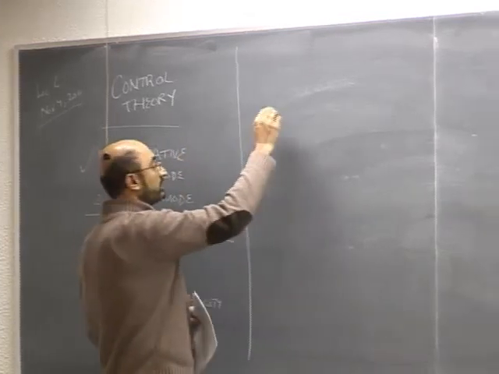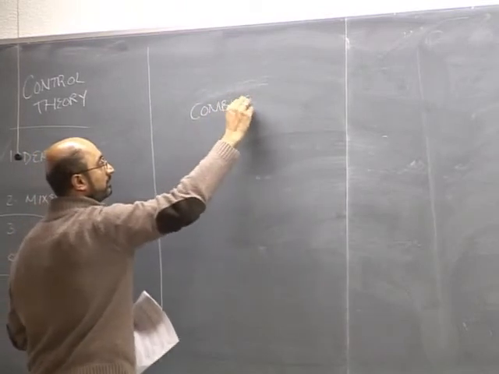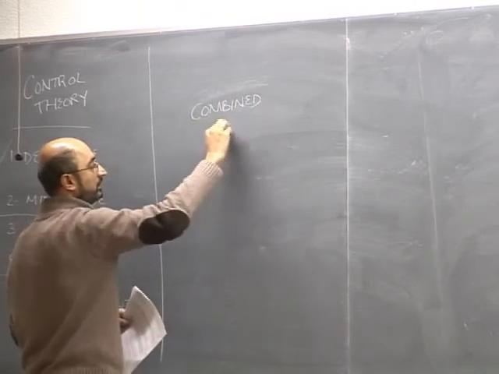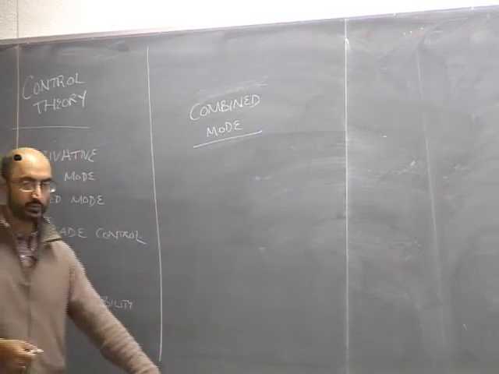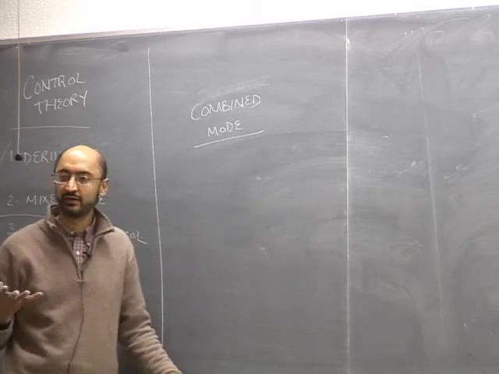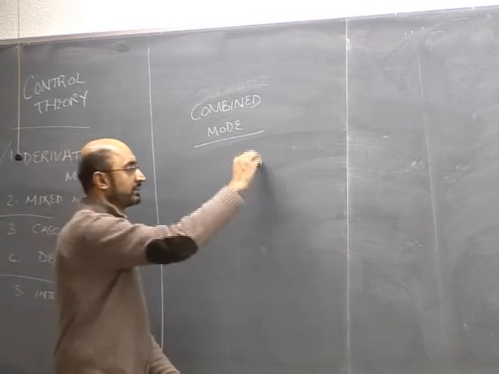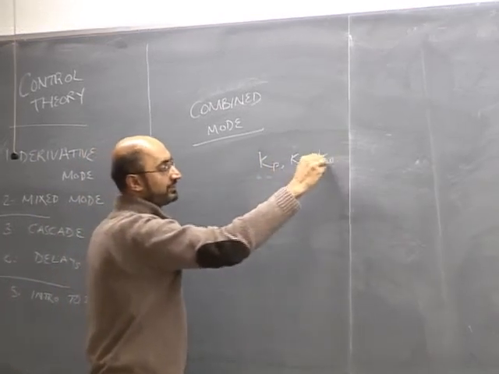All right, let me talk about combined mode or mixed mode. The interesting part about PID control, and why it's quite easy to use, is that everything is done through just 3 constants: the Kp for the proportional mode, the Ki for the integral mode, and the Kd for the derivative mode. And that's it.